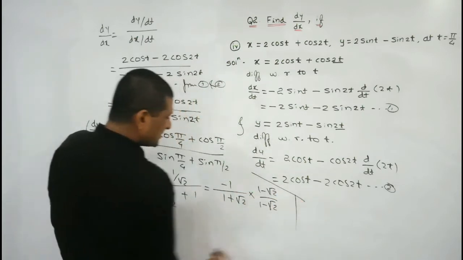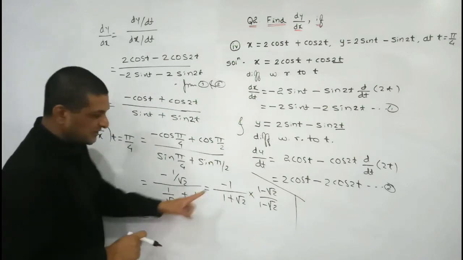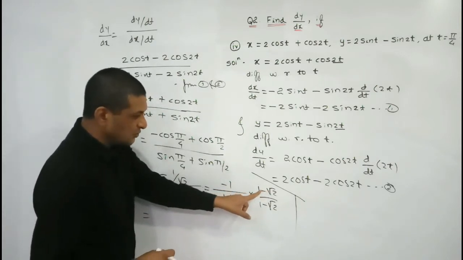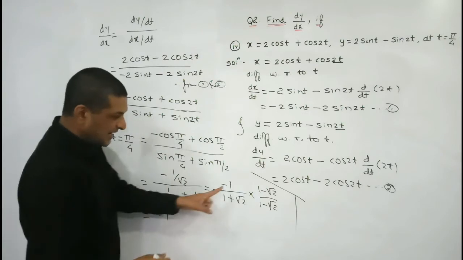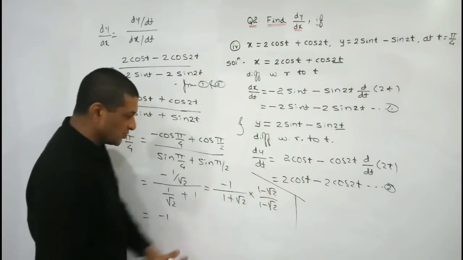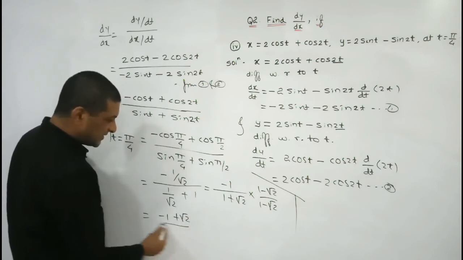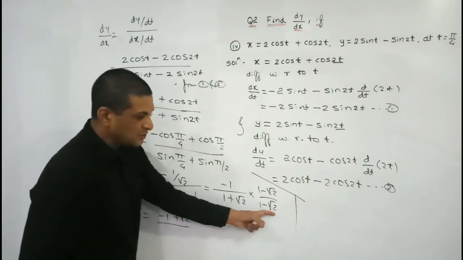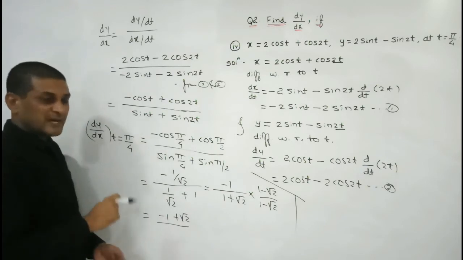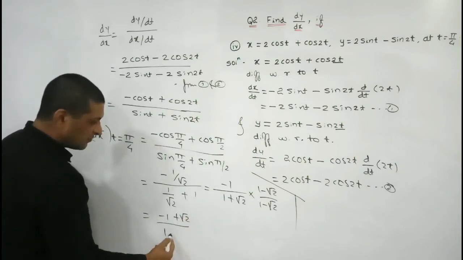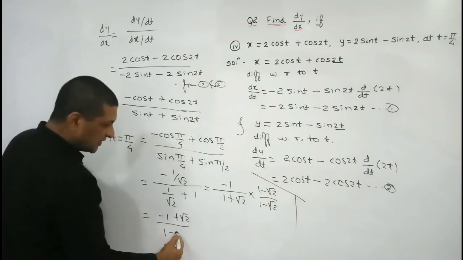Okay, so which is equal to, see in the numerator what we will get: minus 1 into 1 will be minus 1, and minus 1 into minus root 2 will be equal to plus root 2, and in the denominator the terms are in the form of a plus b into a minus b. Its product is a square minus b square. A square means the square of 1 is 1, and the square of root 2 will be equal to 2.